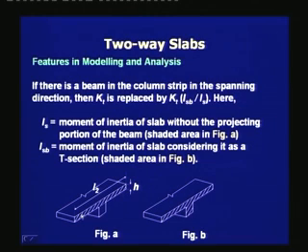That means in this figure, whatever has been shaded in the cross section of the slab beam member without the projecting beam is considered to calculate Is, and Isb is the moment of inertia of the slab considering it as a T section, shaded area in figure B, and Isb considers the full cross section of the slab beam member.